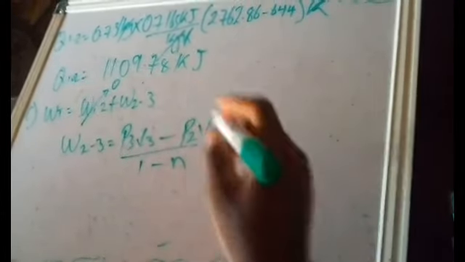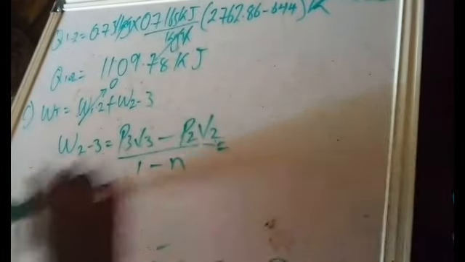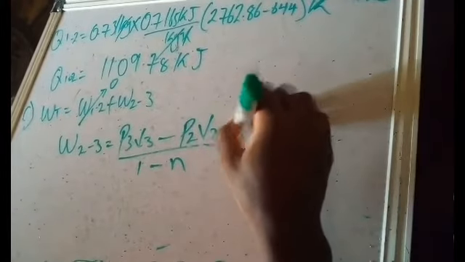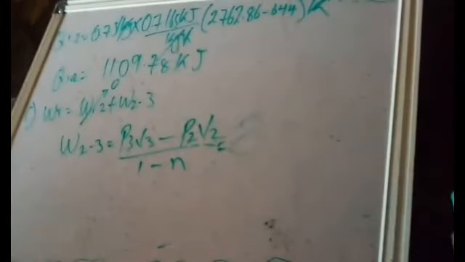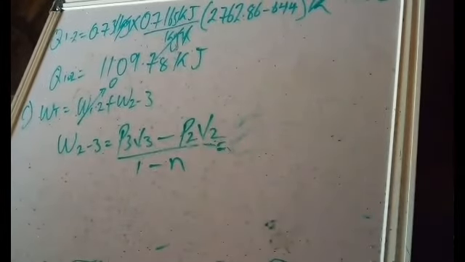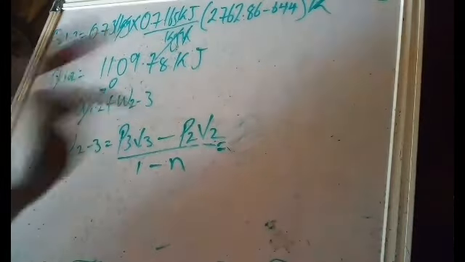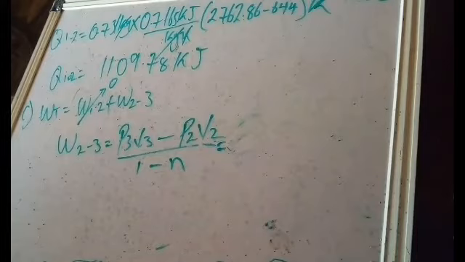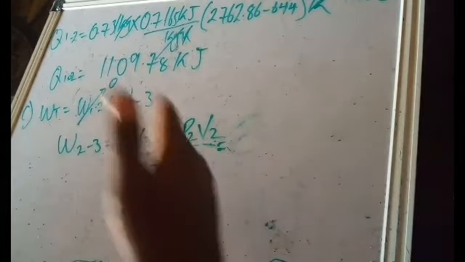Now P3 we know, but we don't know what our V3 is, and there's no information to provide what V3 is. We know P2, we know V2, but we don't know V3.